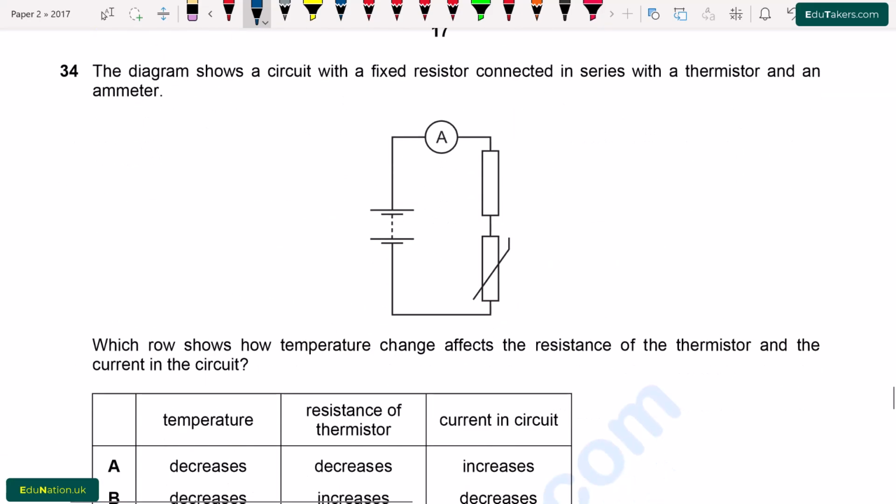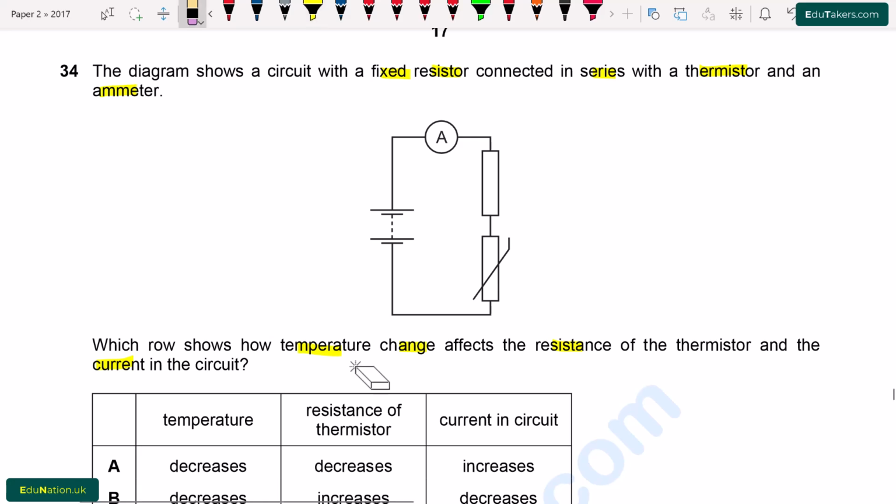Question number 34. The diagram shows a circuit with a fixed resistor connected in series with a thermistor and an ammeter. Which row shows how the temperature changes affect the resistance of the thermistor and the current in the circuit? So here we have to change the temperature. What will be the effect on the resistance of the thermistor and the current in the circuit?